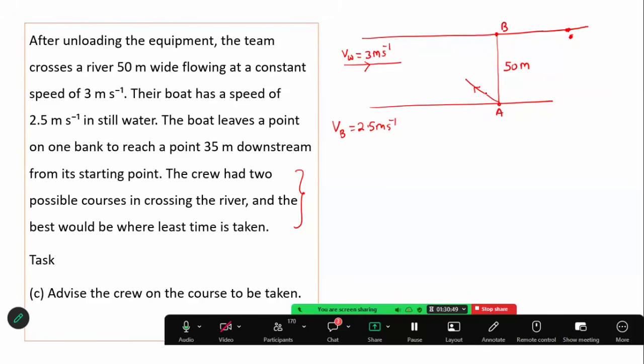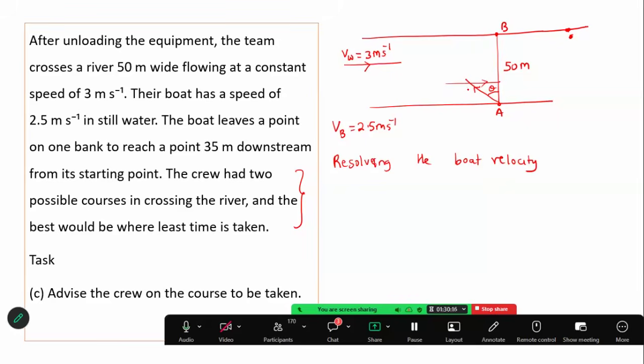Let me place my angle theta along this; then the river will push you towards this side, as long as it is 35 meters downwards. So you are going to summarize your work, and I'm going to start with resolving the boat velocity.